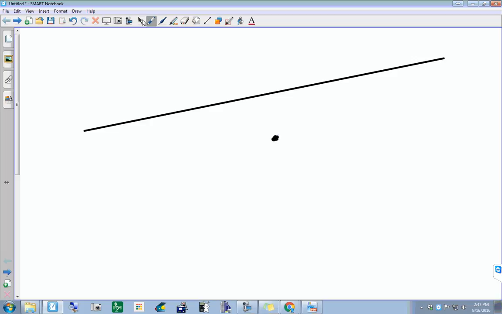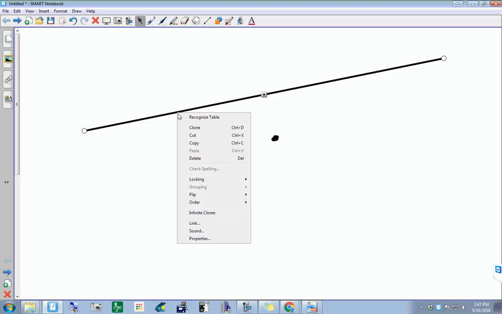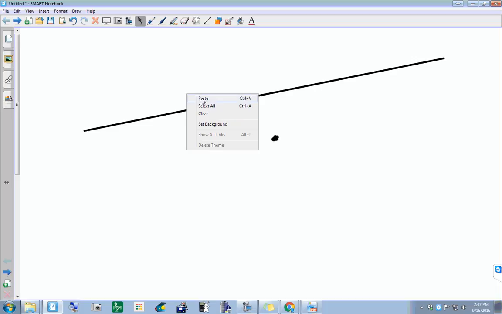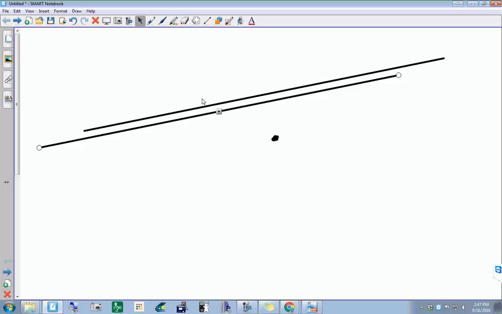Okay? So, do you agree that if I use the function of copy and paste on a computer, that these are congruent, they're parallel, they're identical?